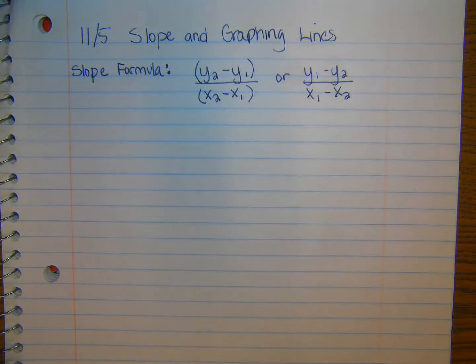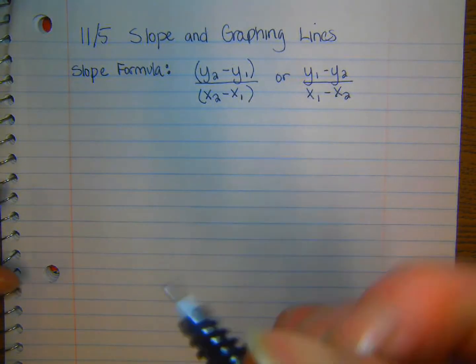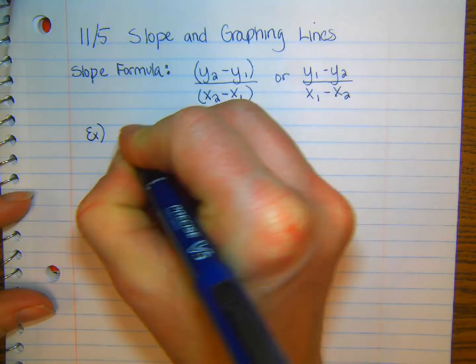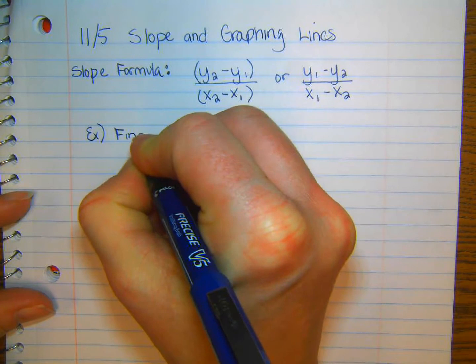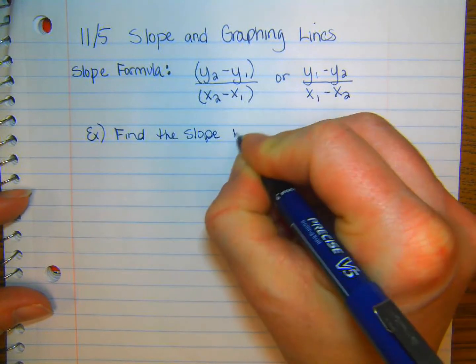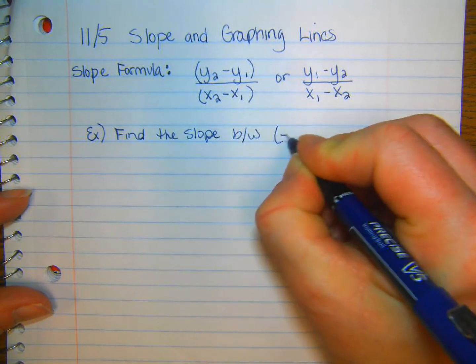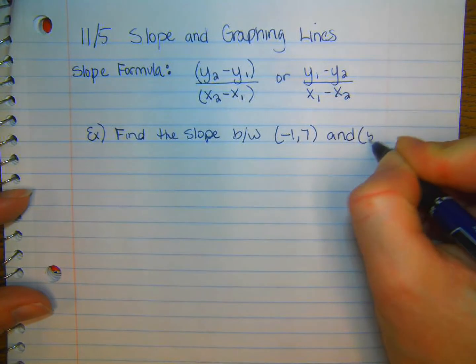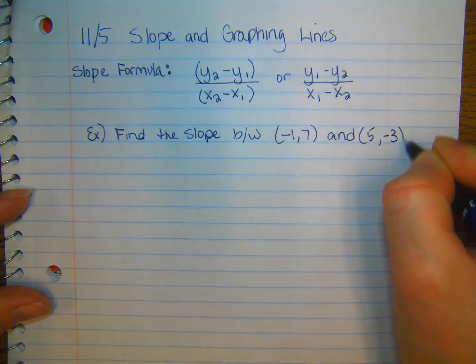Okay, so let's do an example. Find the slope between (-1, 7) and (5, -3).